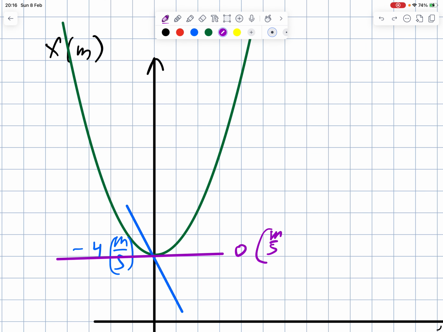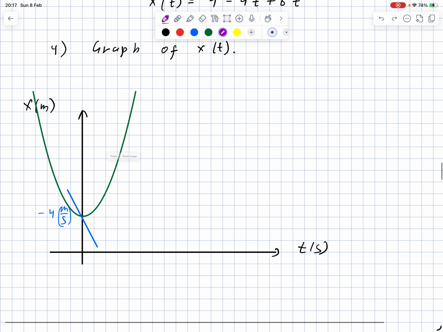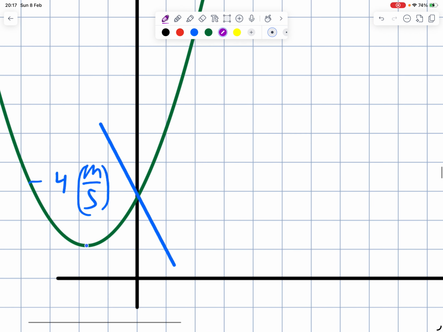Now, maybe it could look like this. Again, it is not, because the instantaneous velocity would be probably plus 4 meters per second. So it's not good also.